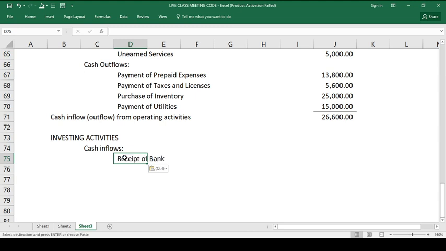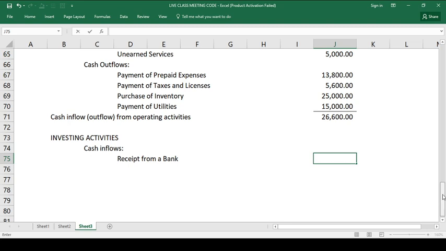Receipt from a bank, no? Palitan natin, from a bank, para mas appropriate yung terminology. And then, ilagay natin yung amount.